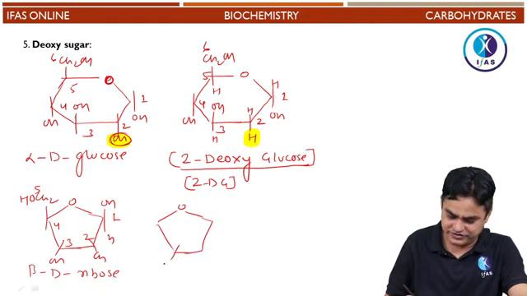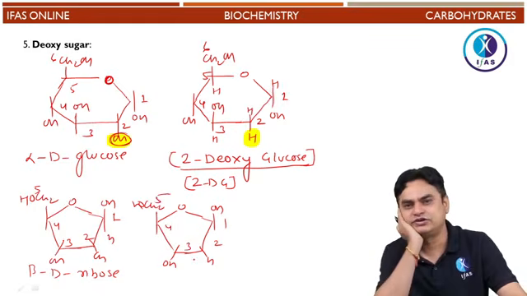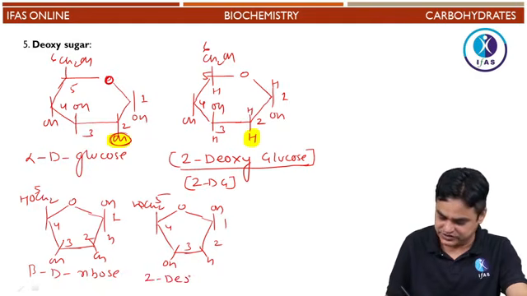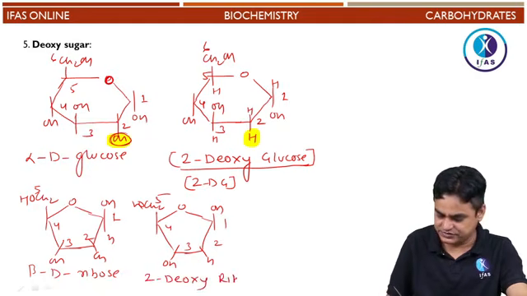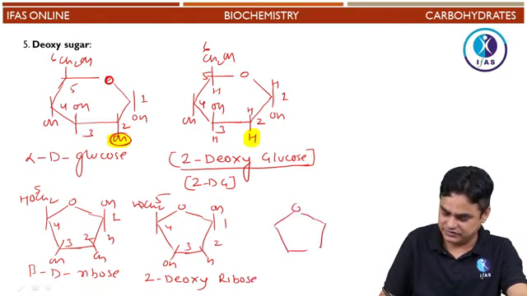If you put H instead of OH at this place, this is one well-known deoxy sugar present in DNA, referred to as 2-deoxyribose.